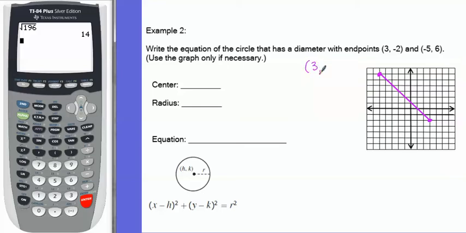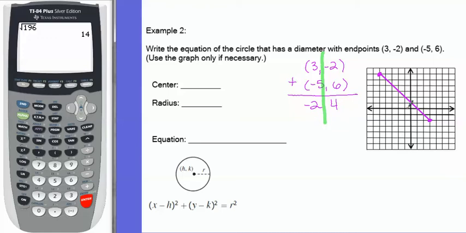I take those 2 points and I add them together. 3 plus -5 is -2. -2 plus 6, and in case you're wondering, I'm separating them and doing 2 separate problems here, is 4.